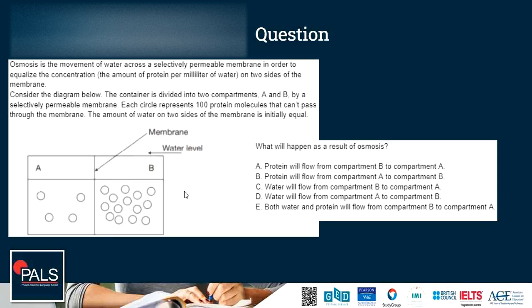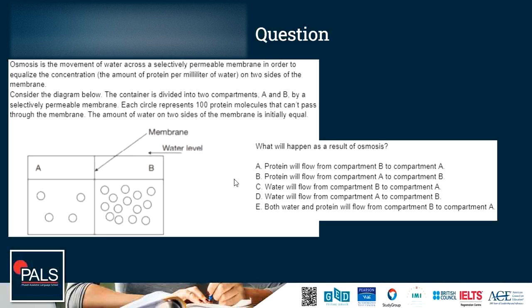To do that, in which direction does water have to move? Or protein? Can protein move? Well, let's have a look at the possible answers. It says protein will flow from B to A, protein will flow from A to B, water will flow from B to A, water will flow from A to B. Both water and protein will flow from compartment B to A. Now, we can exclude very easily three answers here.